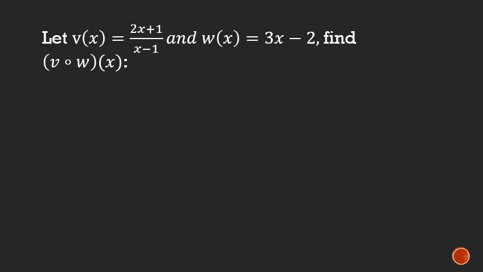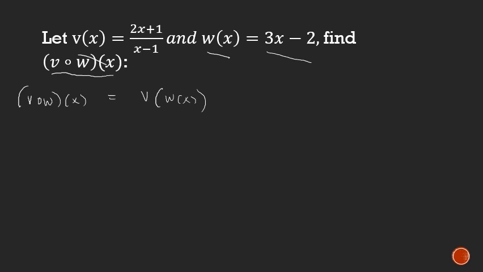Okay, let's try this last example. Let's say we have v of x equals 2x plus 1 over x minus 1 and the w of x equals 3x minus 2. Let's find the v circle w of x. By the definition, we have v circle w of x is just equal to v of w of x.